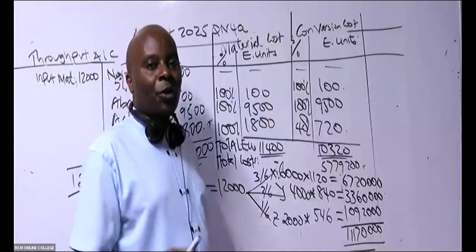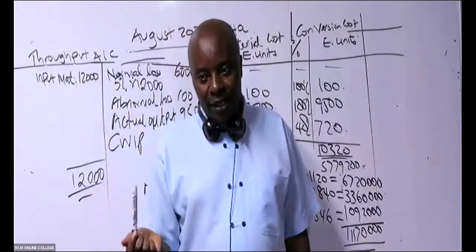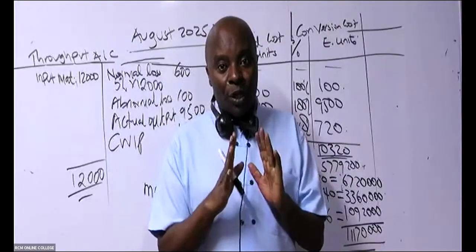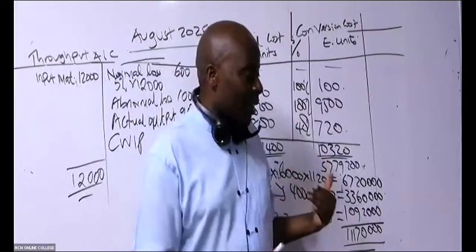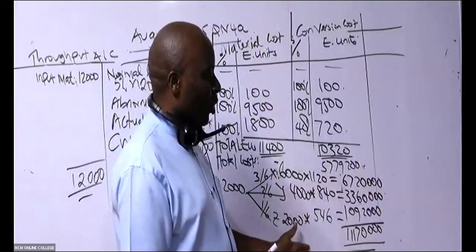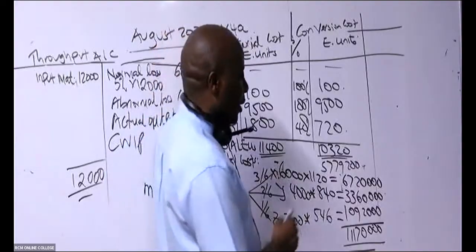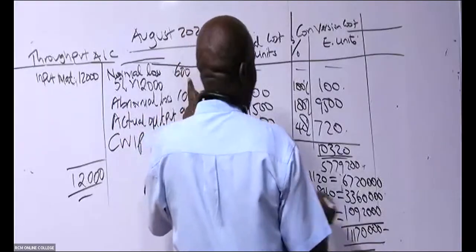But now remember, material cost, at least we get some reprieve from the normal loss units that we sell. We say it in the normal class. If you have material cost for equivalent units, and then you happen to be having normal loss, then you shall always deduct this figure. You credit normal loss proceeds to this account. So in this case here, how many normal loss units do we have here? 600.